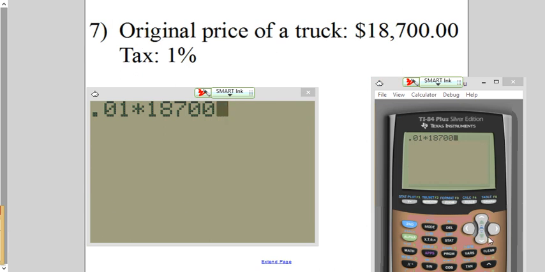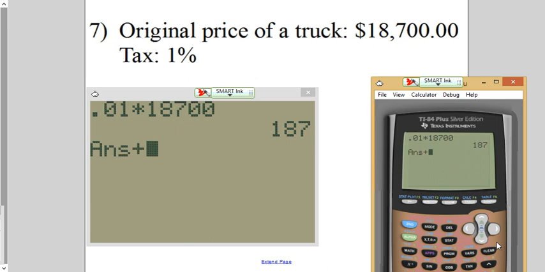0.01 times 18,700 will be $187. So now we can just add that to the 18,700. Here's our final sales cost.